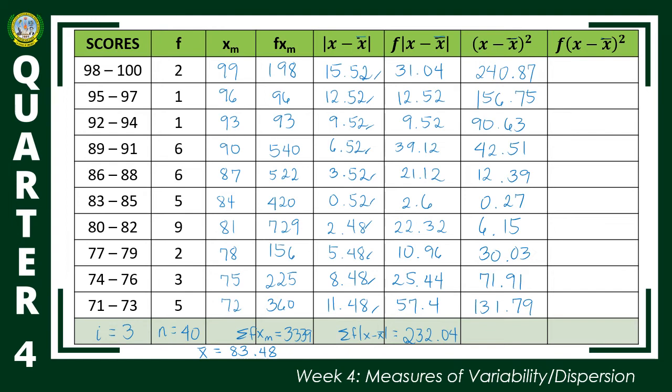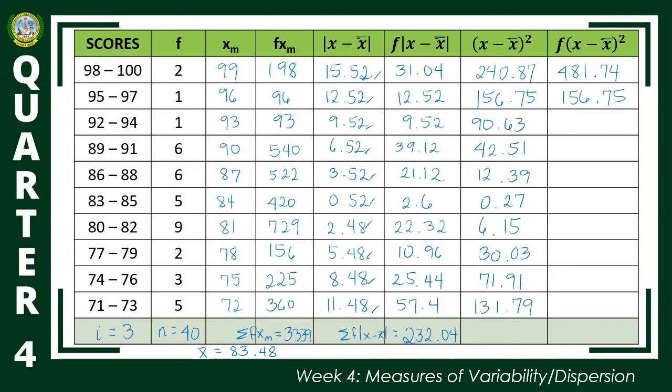2 times 240.87, we will get 481.74. Next is ito, 1 times 156.75, of course, is ganun pa rin, 156.75.